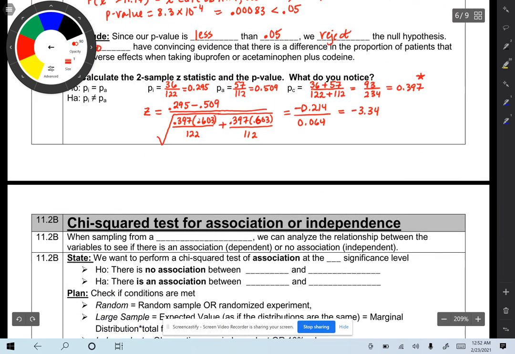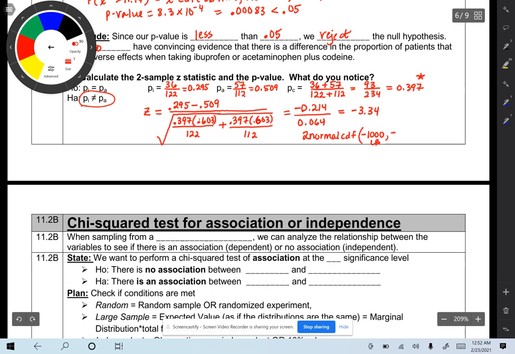And then you want to do a normal CDF because this is for proportions and it's a z. Always look back at your alternative hypothesis. This is two tails, so you want to do a two normal CDF. Our lower bound can be something like negative 1,000.